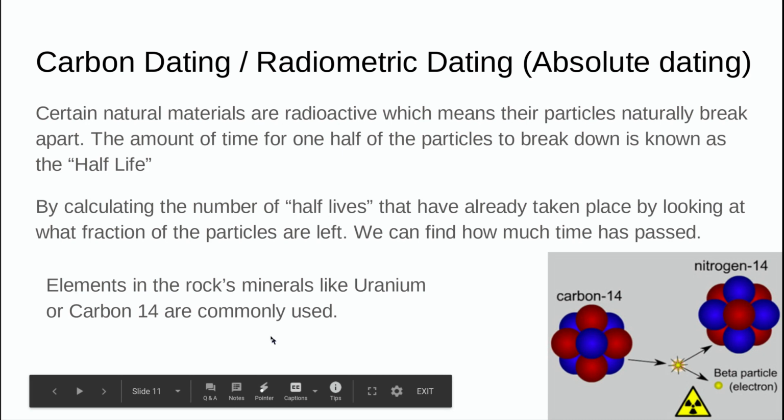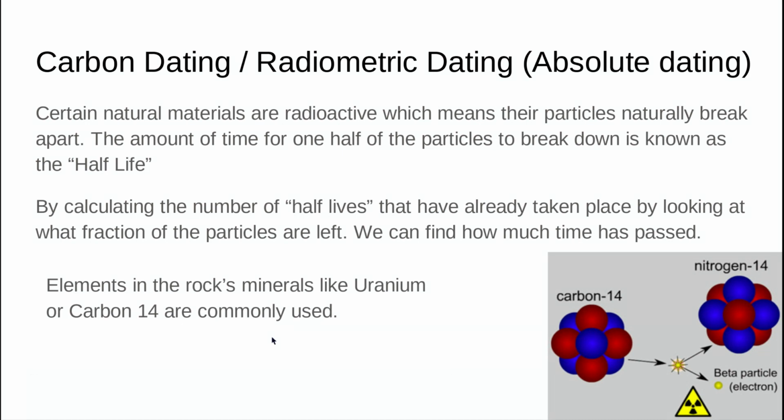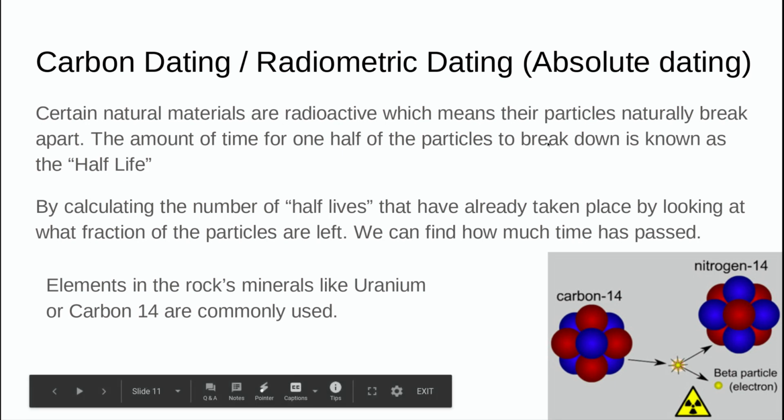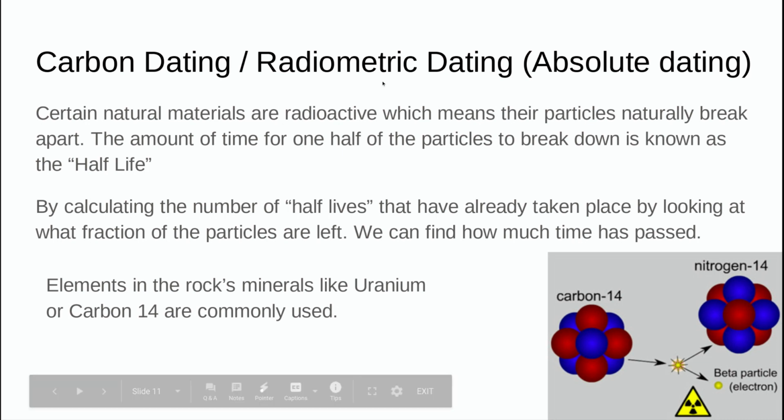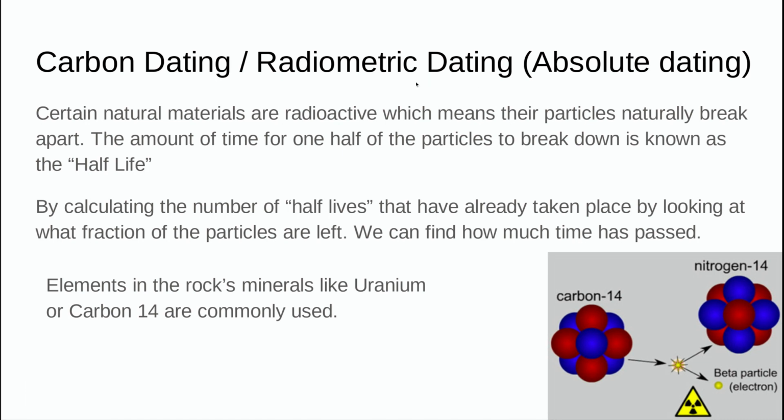It's very similar to in a crime drama show when some medical examiner looks at a dead body and says, this dead body is 3 days old based on its decomposition. Well, a paleontologist could pull a rock out of the ground or a fossil, look at the radiometric decay of that material, the radioactive isotopes, and say, this fossil has been decaying radioactively for the last 100 million years.